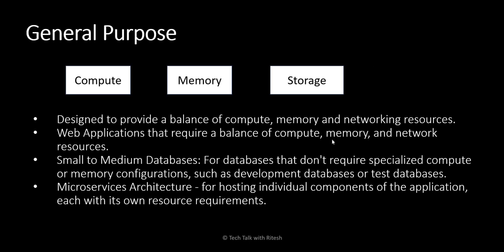So wherever we do not have any extensive requirement of one of these resources, then we should go for general purpose, and it is applicable for web applications that require a balance of compute, memory, and networking. So what can be the use cases? For example, small to medium databases, databases that don't require any specialized compute or memory configuration, test databases, development databases, or for example, an application with a microservices architecture.